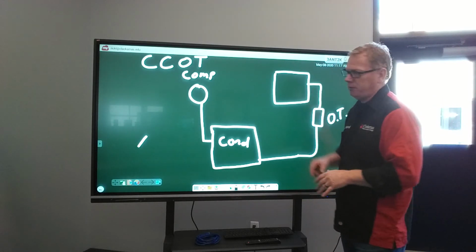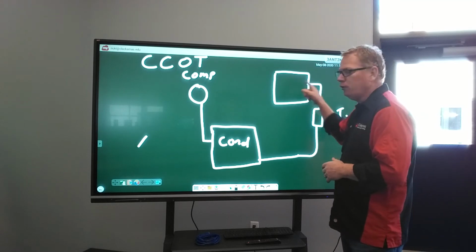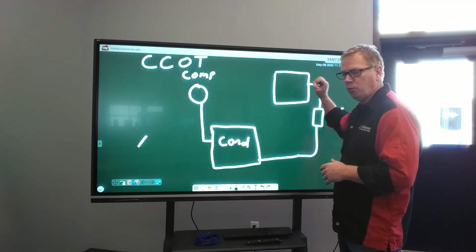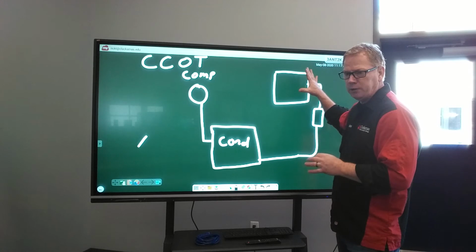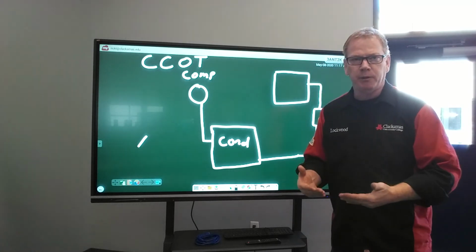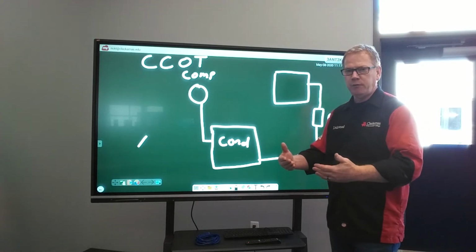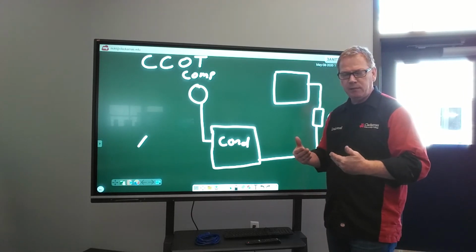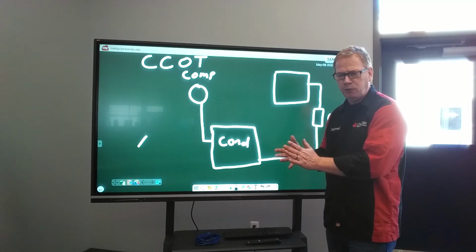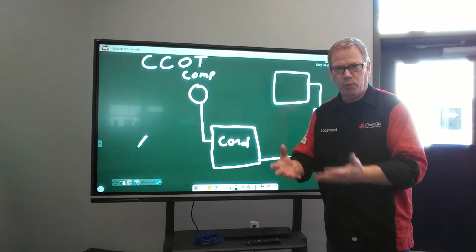So we're coming into this as a low pressure liquid, and as it moves through this and we're blowing warmer air across it, we're taking that liquid and we're changing it to a vapor. We're heating it up a little bit is the goal here. So the refrigerant will absorb some of that heat of the ambient air being blown through it and cause the refrigerant to boil.